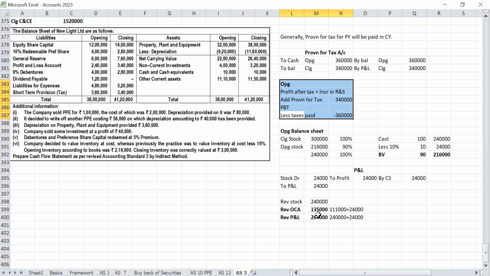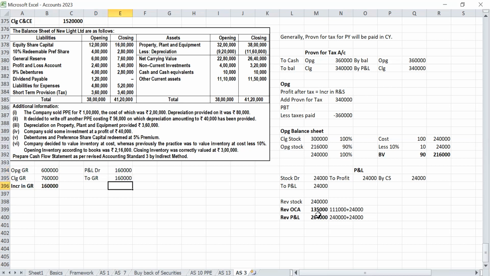Then one more point is also there: general reserve. General reserve opening is 6 lakhs. Closing general reserve is 7,60,000. So how does the increase in general reserve come? You have to transfer from the profit and loss account. So the profit and loss account is debited and general reserve credited, 1,60,000.